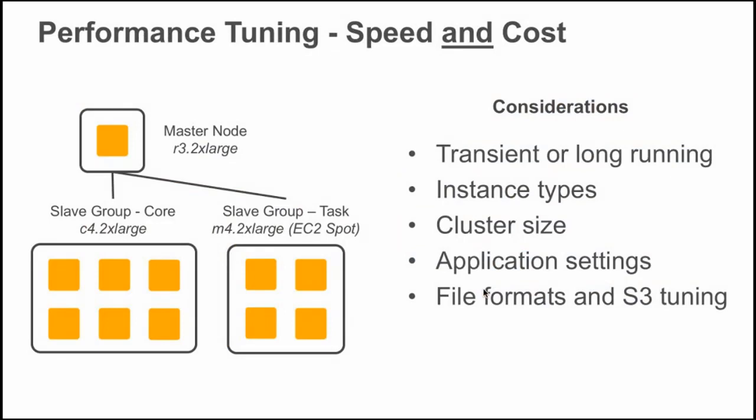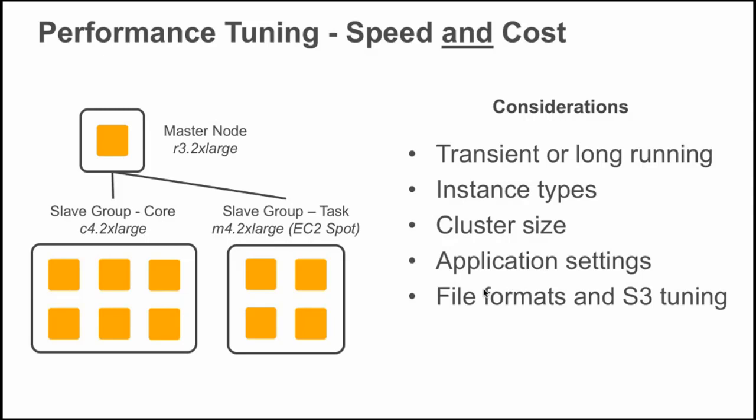So again, when we talk about EMR being flexible, it can also be tuned, and you can tune it in at least two different dimensions, for both speed and cost, right? So in this case, we're looking at running a master node, for example, on an R3 2xlarge. Depending on what your cluster needs are, if you're doing a transient or a long-running cluster, you may target different types of instances and different procurement models for those instances.